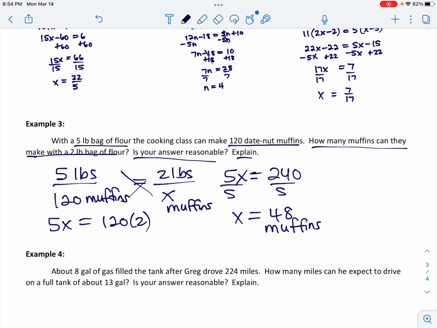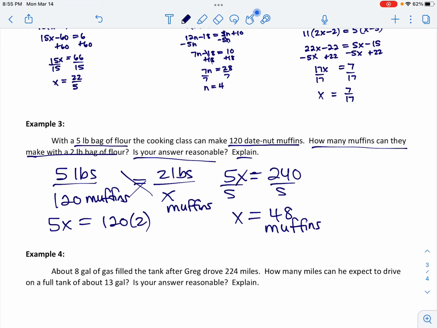Question is your answer reasonable? Does it make sense that 2 pounds of flour was able to make 48 muffins? So when you think about it, 5 pounds to 2 pounds, think about your ratio. Okay, so 5 pounds is a little over half, right?